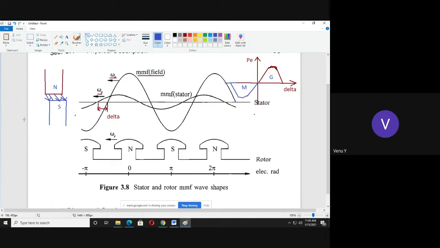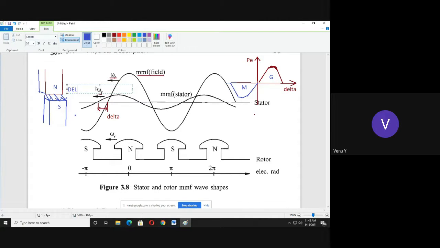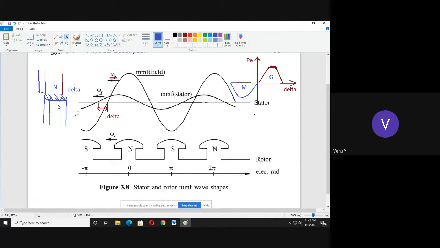So it is like this. The difference between stator and rotor, the difference between these two poles, any difference is measured as delta. Delta, right? Any difference between these two, stator field and rotor field.